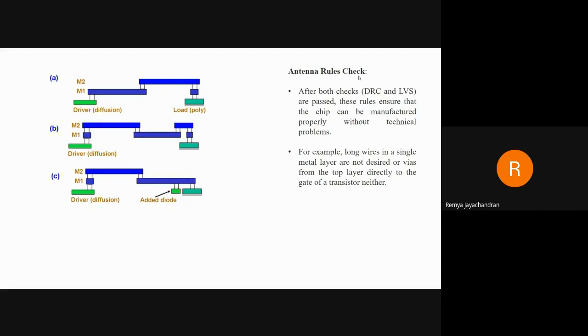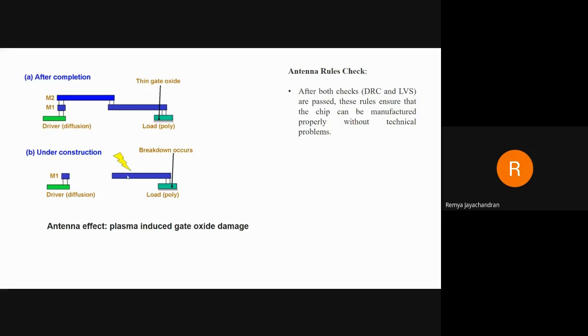So the antenna rules check will check this topology, whether it is violating this, whether it can cause any oxide breakdown during the fabrication process, and also while the chip is working, there are chances of that oxide breakdown.